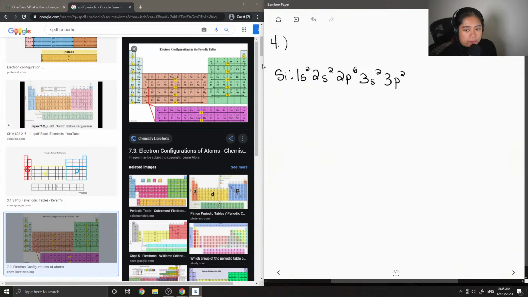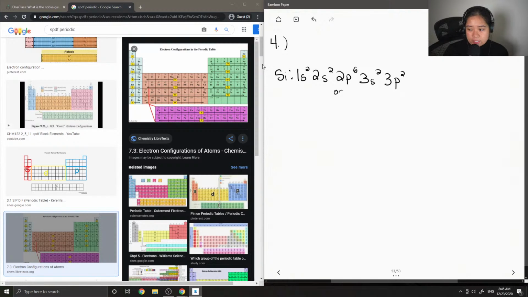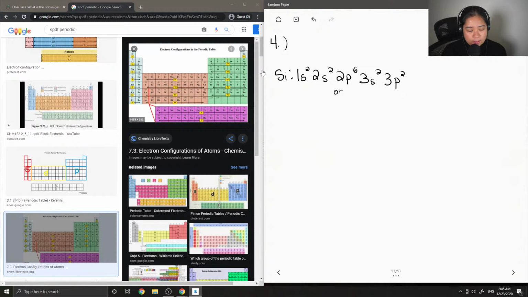Okay, so now that we have the long version of silicon's electron configuration, the question asks for its noble gas electron configuration. So this is also known as the shorthand electron configuration, and it's pretty easy. All you have to do is look at the noble gas that comes before silicon.